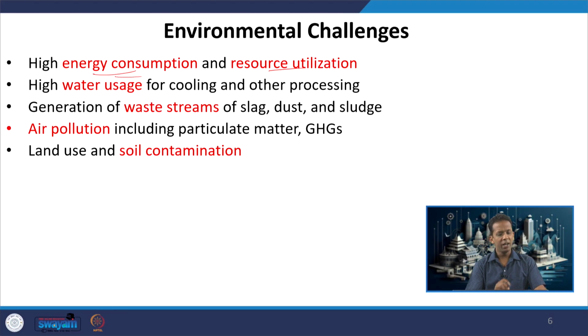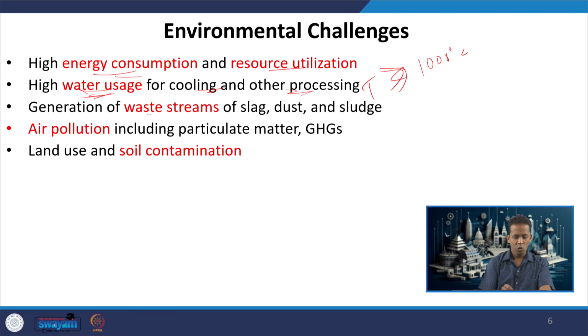There is also high water usage for cooling and other processing, because the blast furnaces used in the steel industry operate at temperatures of more than 1000 degrees Celsius, 1200 to 1400 to 2000 degrees Celsius depending on what fuel we use. The gases or solid product coming out of it need cooling and further processing, which involves high usage of water.